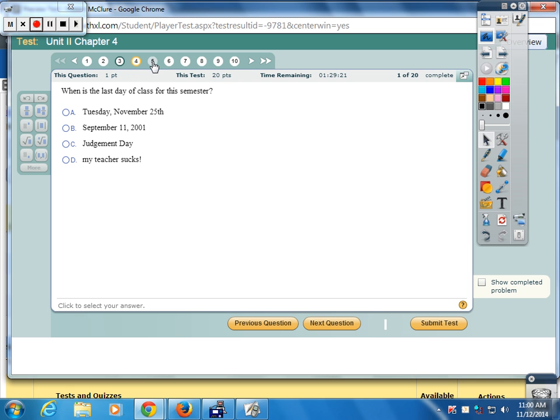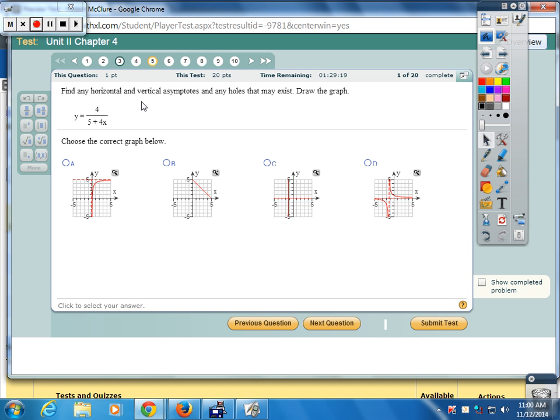Bonus. All right, find any horizontal and vertical asymptotes. So set the denominator equal to what? The vertical asymptote should be minus 5/4. So no, where it is should be 4/5, right? 4x plus 5 is equal to 0. So x is equal to what? 5/4?